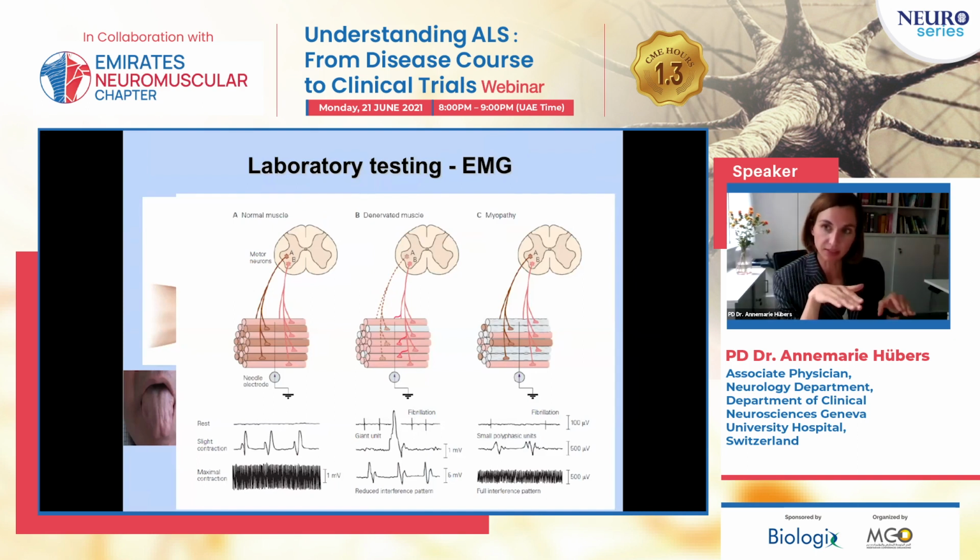So even if the muscle itself is at rest, due to degeneration, you find motor units that are expressing action, even if they shouldn't. And in the later course of the disease, via collateral sprouting, you will find large and polyphasic, so deformed responses of the motor units. So this is for the second motor neuron, or for the peripheral nervous system.